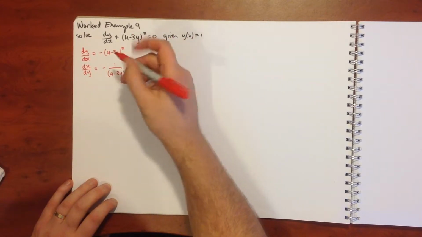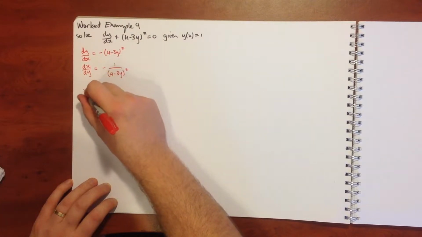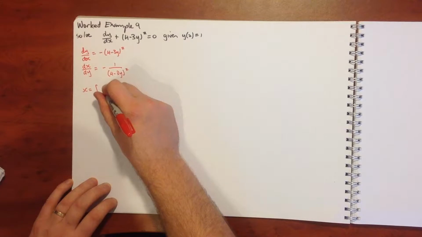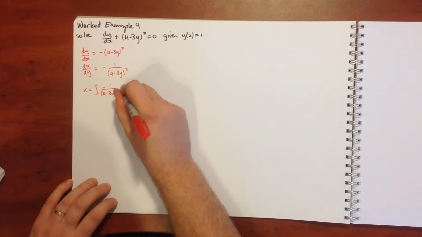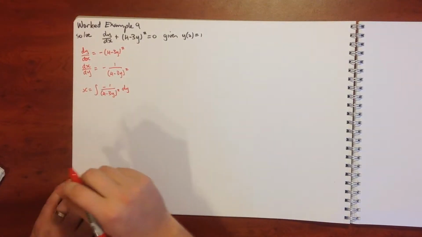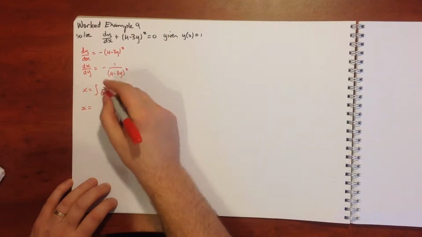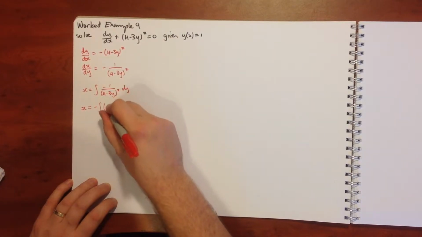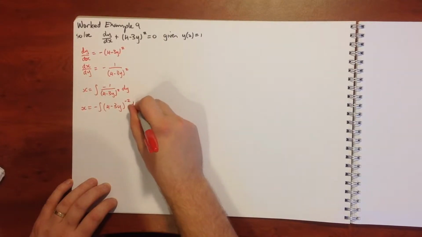We can integrate, so we say x equals the integral of negative 1 over 4 minus 3y squared dy. We can think of this a little bit differently. We bring our negative out the front, and we want to write this as (4 minus 3y) to the negative 2 dy.